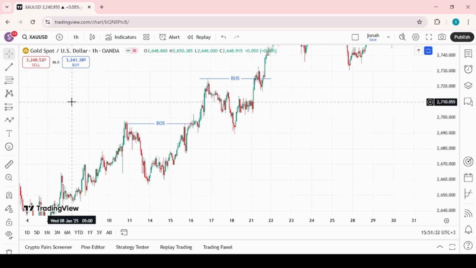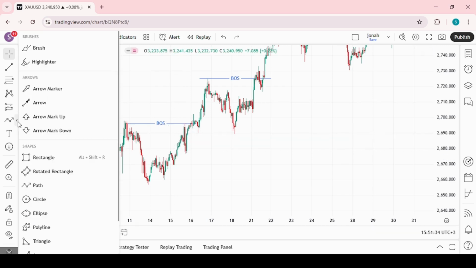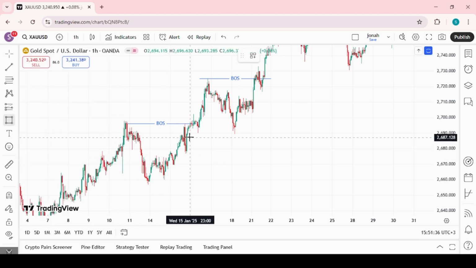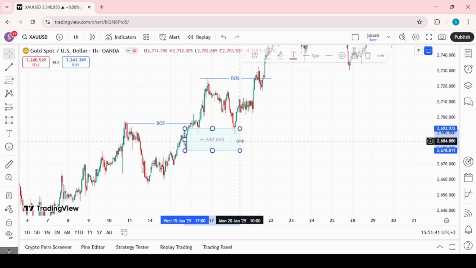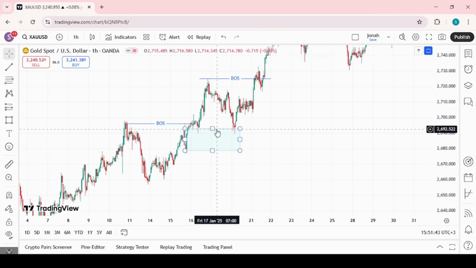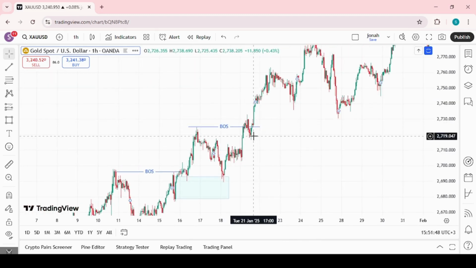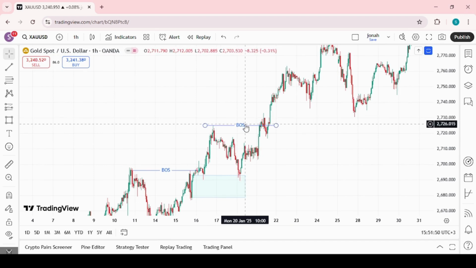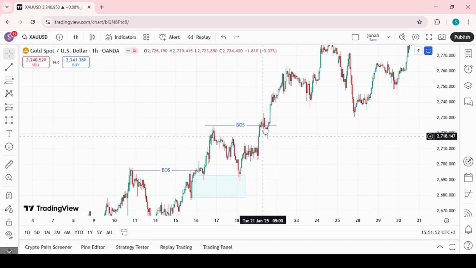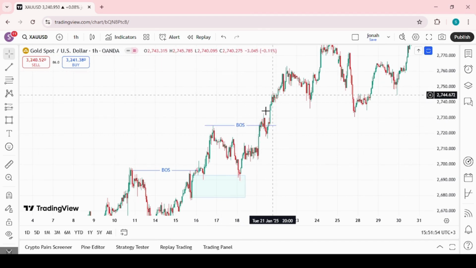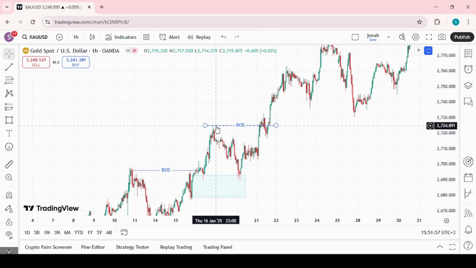This is the order block that we managed to use at this point. This one you see here, and then we tested our order block. This is the order block that we used, and so we continued higher and higher. So this is also a valid break of structure, as price broke clearly our previous swing high.